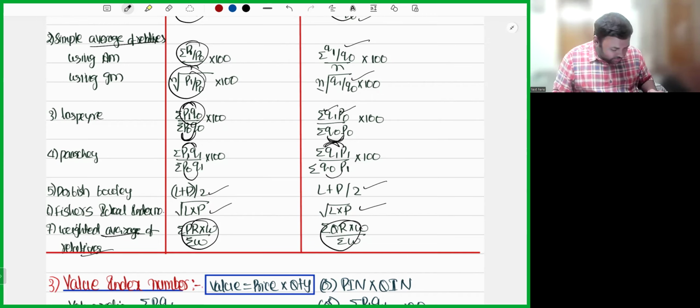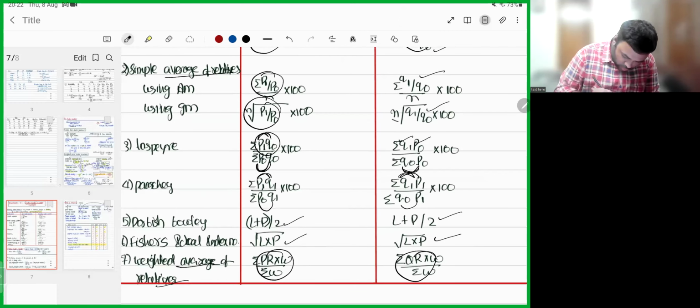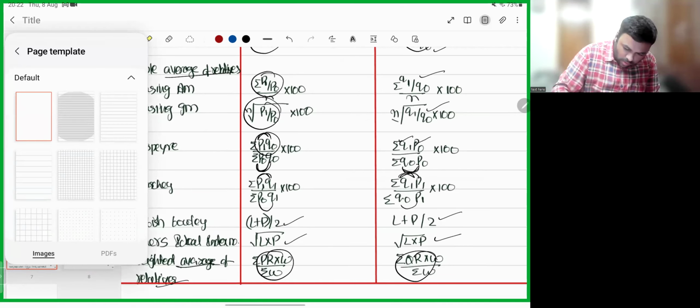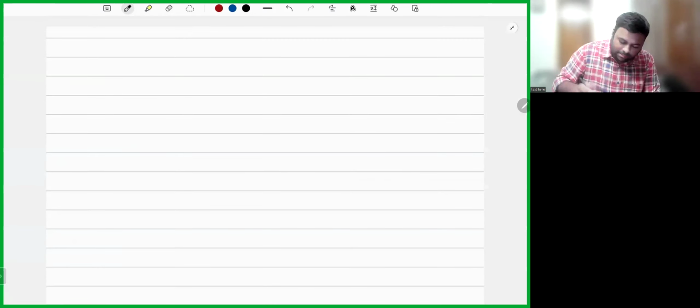Now let's see one question, not that important from an examination perspective. Very rarely you will see questions in the examination. But still, let's go ahead and see one question. Clear example.